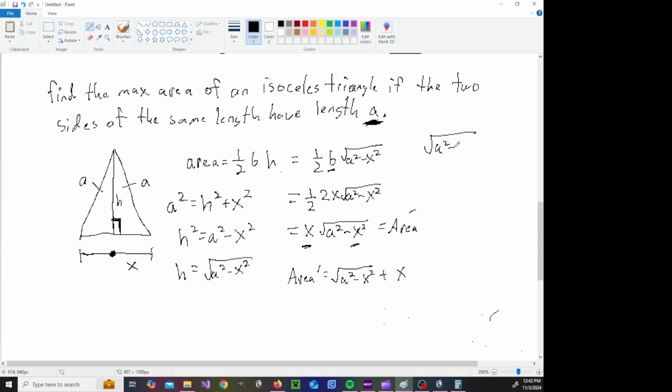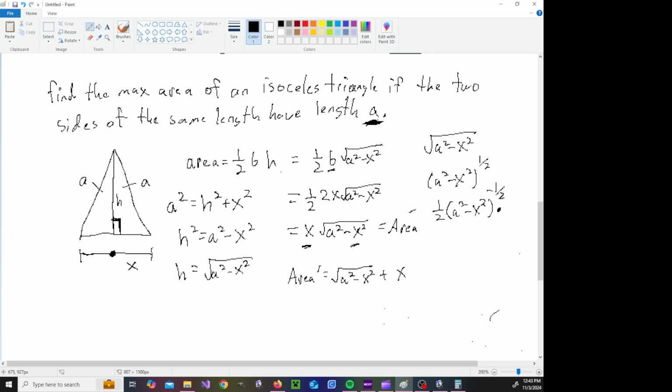This is the square root of a squared minus x squared, which we can rewrite as a squared minus x squared to the 1/2 power. The chain rule says take the derivative of the outside piece. So this is 1/2, and then subtract 1 from the power. 1/2 minus 1 is negative 1/2. Leave the inside alone, and then multiply by the derivative of the inside.